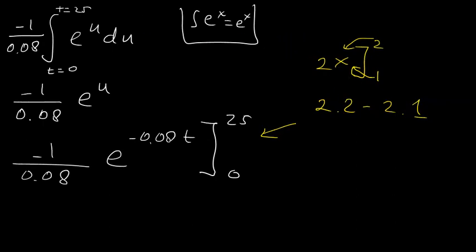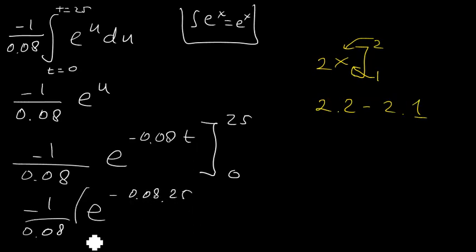So for this case, this becomes minus 1 over 0.08 times e to the power of minus 0.08 times 25 minus e to the power of minus 0.08 times 0. Then how to calculate this? We can change this into minus 1 over 8 over 100, which becomes 100 over 8 to make it simple.